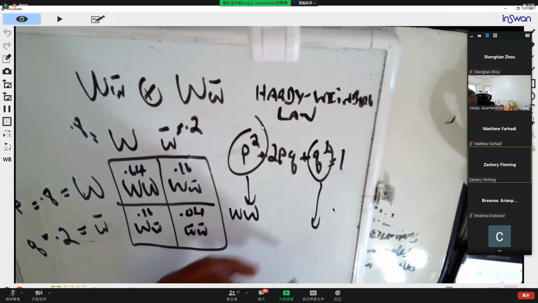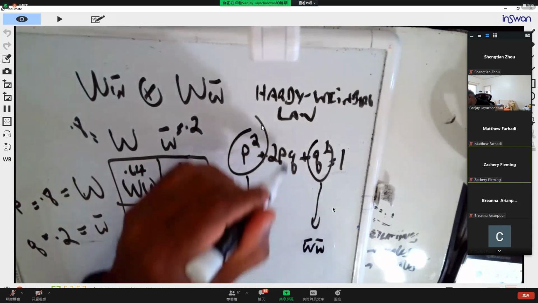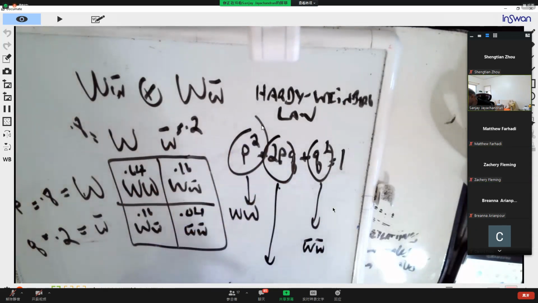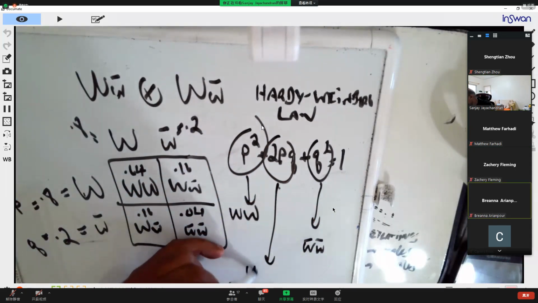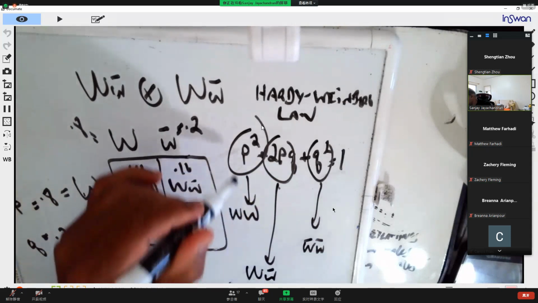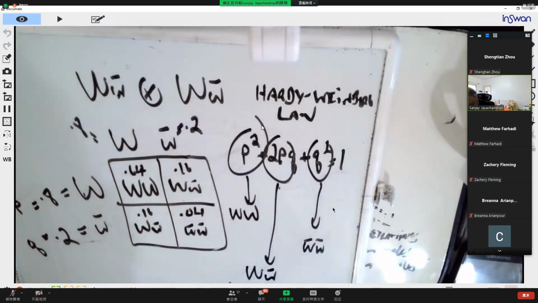Little w, little w? Very good. And how about this middle term, 2PQ? Big W, little w. Okay. So these are the heteros. Homozygous dominant, homozygous recessive.